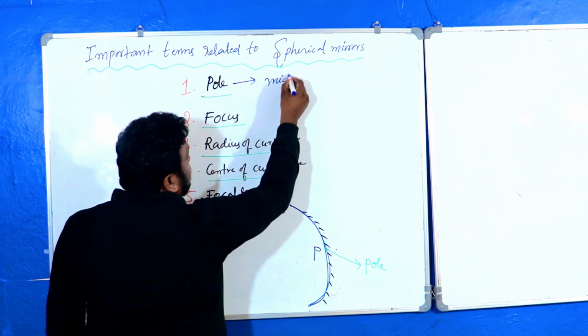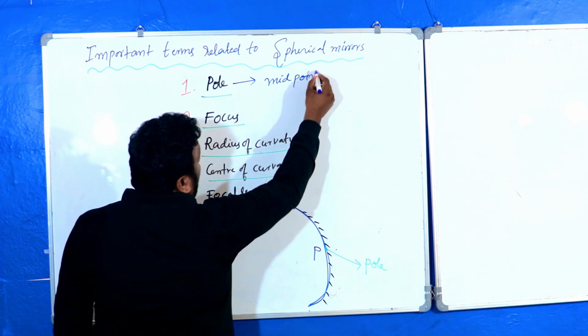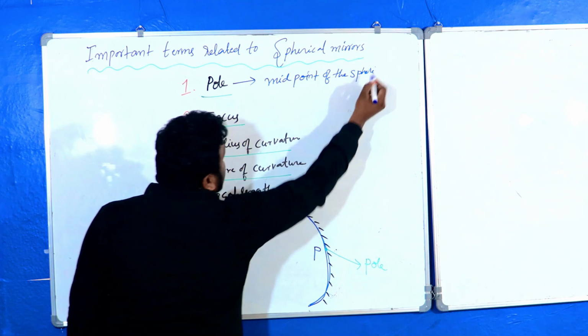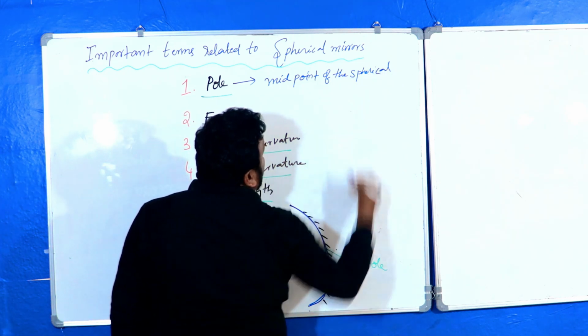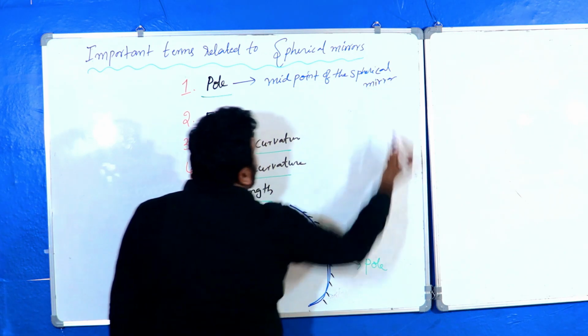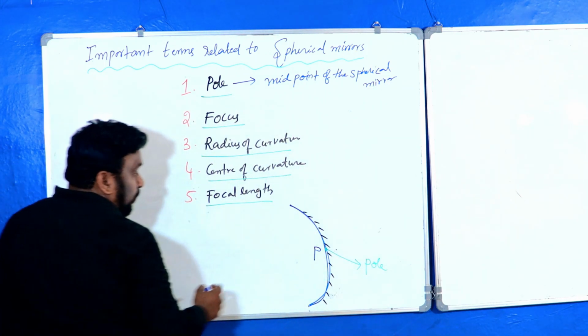So what is a pole? The midpoint of the spherical mirror, either convex or concave, is called a pole.